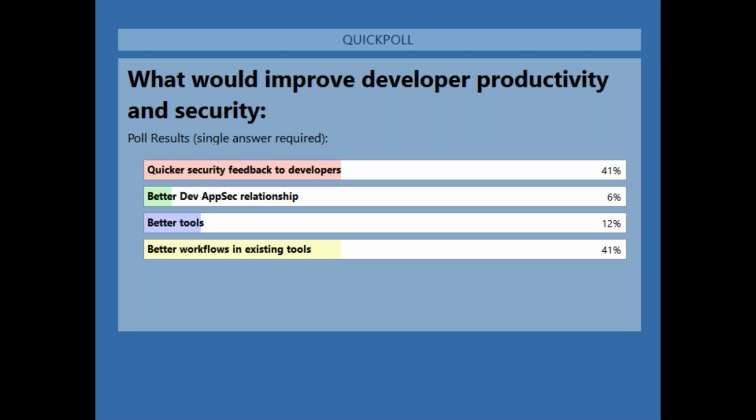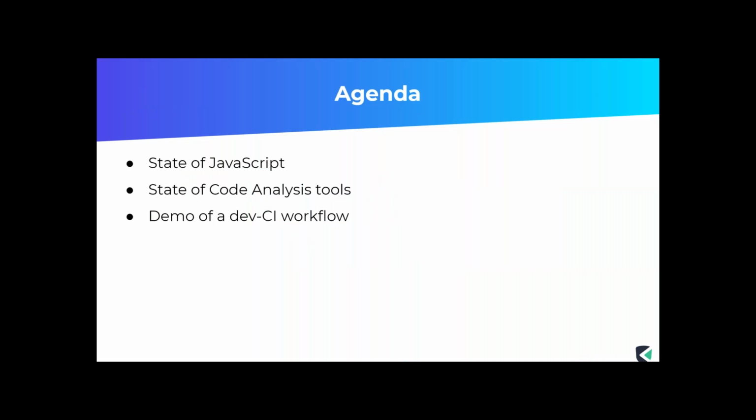So what I have is a very small agenda, but I will try to explain each of these points in detail. Before jumping into the product and giving a demo, I want to talk about the state of JavaScript, how the language looks right now, and how the JavaScript frameworks look.